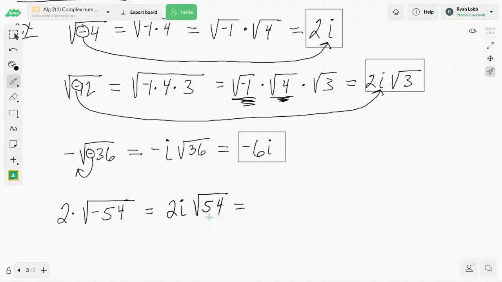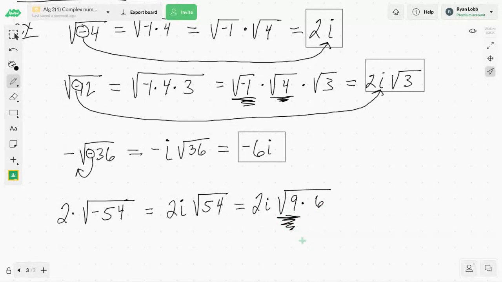And now you've got to say to yourself, does the square root of 54 simplify at all? Well, it's going to be 2i times the square root of, well, what perfect square factors are there in 54? Well, 9 times 6. 9's a perfect square, so that's good. I want that. How about 6? 6 is not, and the only other factors of 6 are 2 and 3, so that tells me that 6 is not going to simplify anymore. So one more step would be, what's the square root of 9?